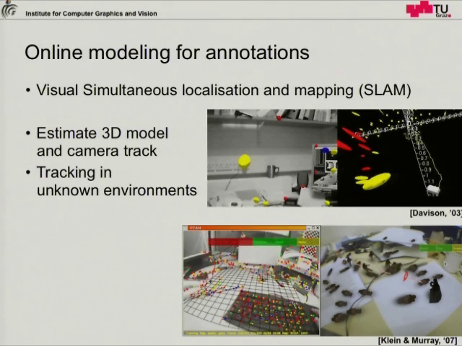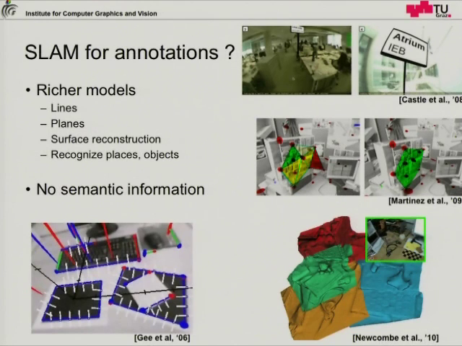We get an idea about the environment, and about what's happening with our device, how it is moving, what the user is doing in this indirect way. But we don't get a lot of semantic information yet. It's all about a simple representation of geometry, let's put it like that.